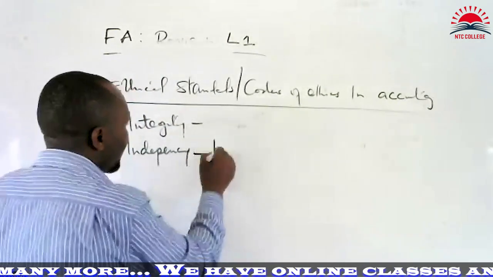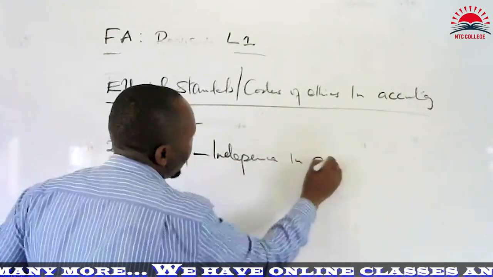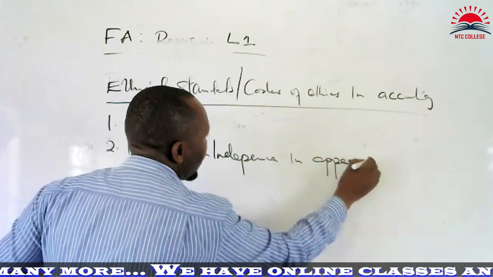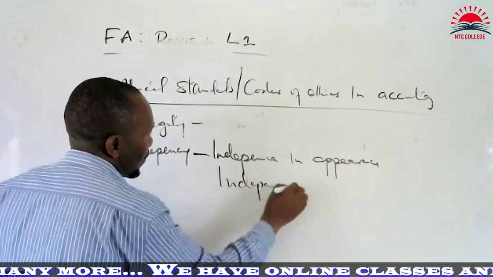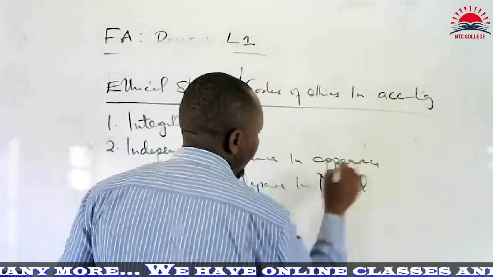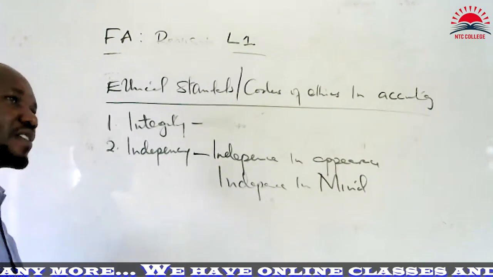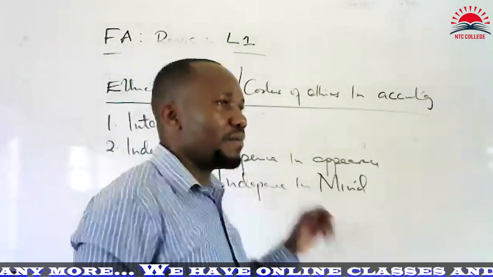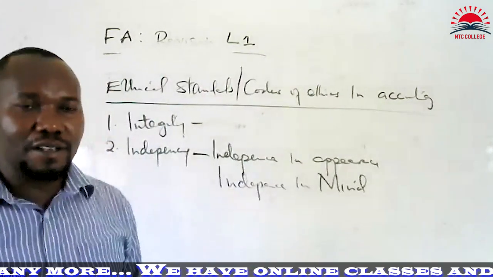We have independence in appearance and independence in mind. Independence in mind is having a state of mind that is not influenced. Independence in appearance is about behavior, the way you relate to people, the way you behave.